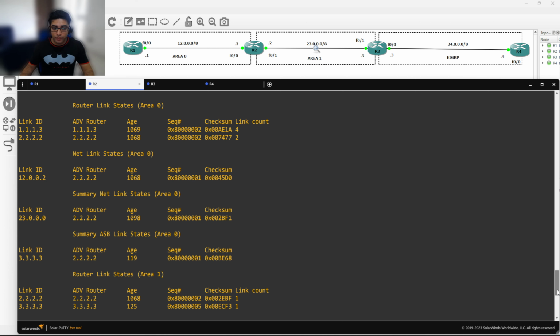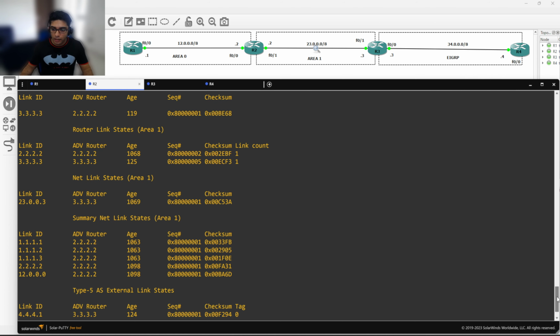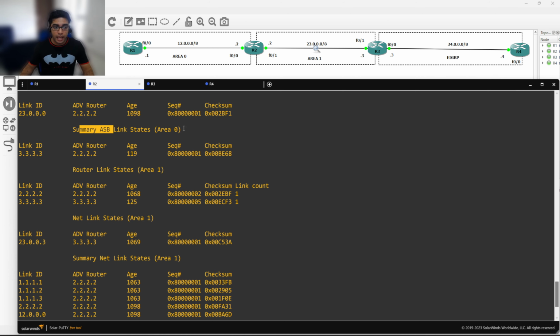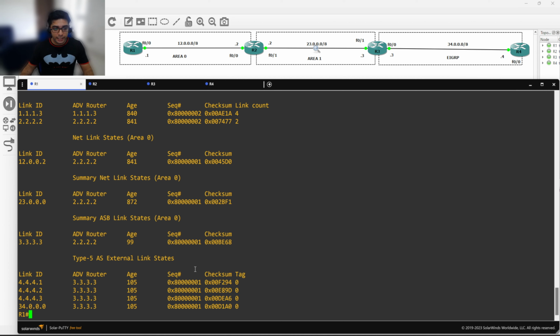In area number 0 we will have an extra LSA: router LSA type 1, network LSA type 2, summary LSA type 3, summary ASBR LSA, that is the type 4 LSA, and it has generated a type 4 LSA, and this LSA is now seen here: type 4 LSA and a type 5 LSA both. So in area 0 we have 5 LSAs in total: type 1, type 2, type 3, type 4, and type 5.